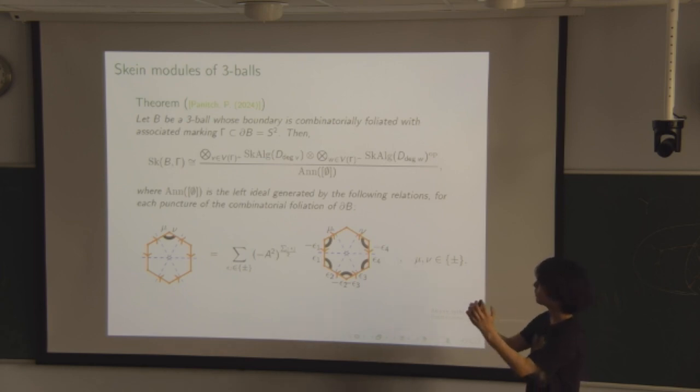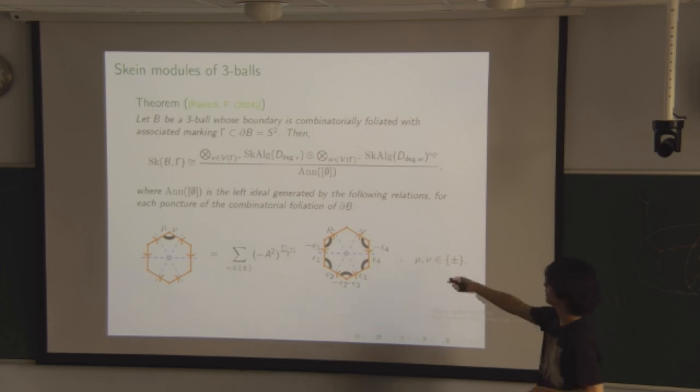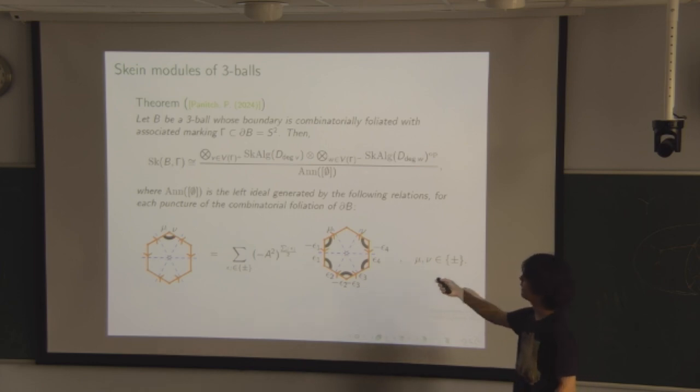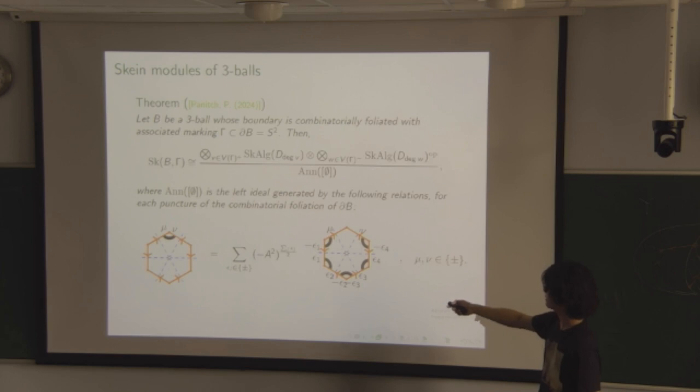So for any three ball with boundary marking, we've shown that as a module, it's a cyclic module, so it's generated by the empty skein. And the relations are exactly the ideal generated by the relations given by these forms.